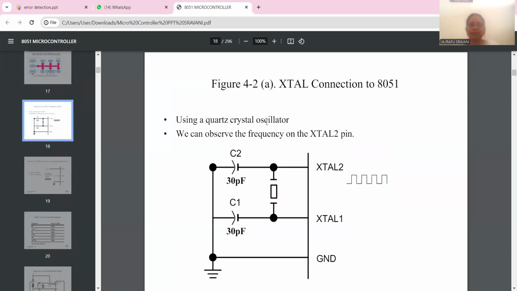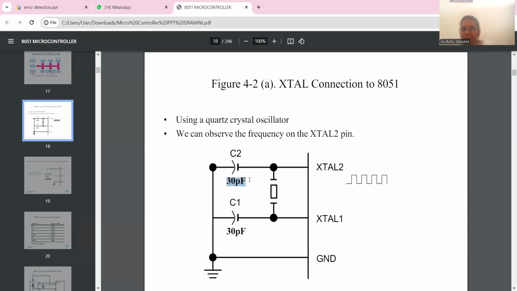Now I will explain the XTAL connection. If you observe, this is the ground connection, the 20th pin. This is XTAL1, the 19th pin, and this is XTAL2, the 18th pin. In between XTAL2 and XTAL1, we connect one quartz crystal. That quartz crystal is connected with one plate of a capacitor, 30 picofarad.